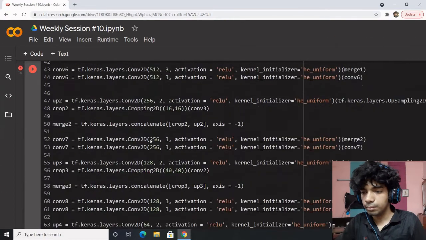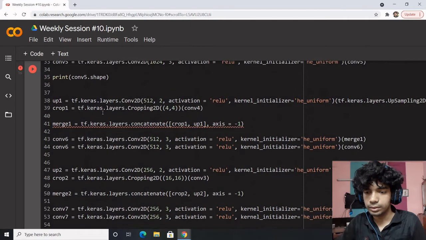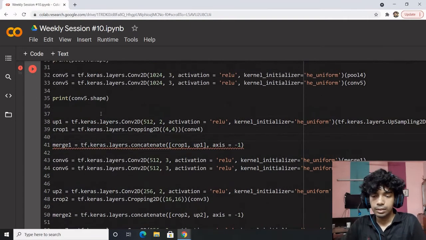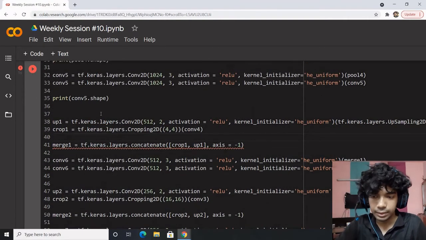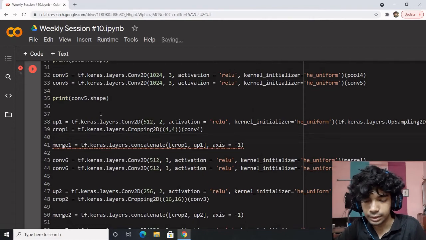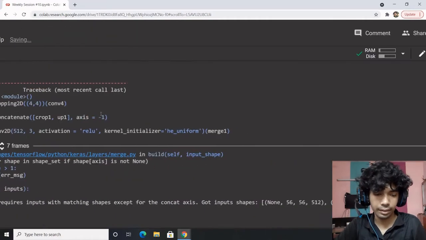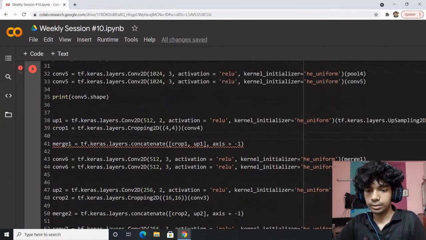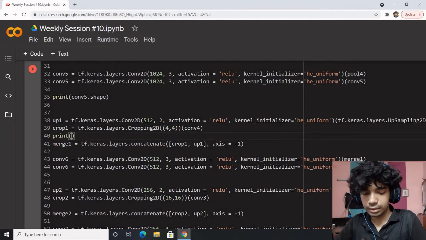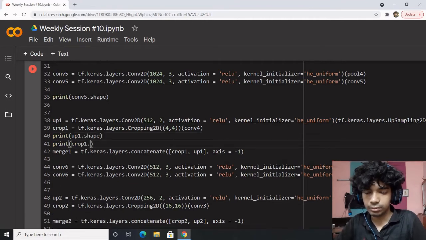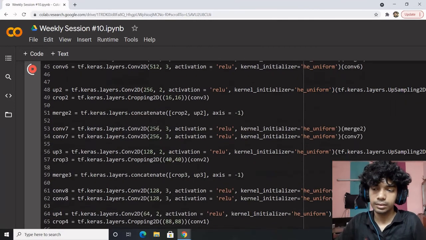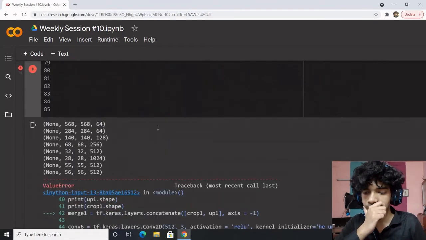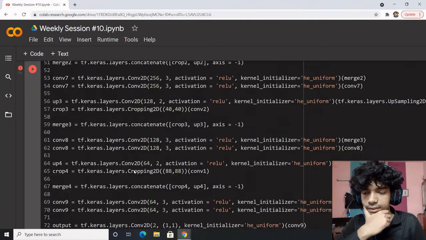So we have a problem at merge 1. What is merge 1 talking about? Up 1 is something and convolution 1 is something else. Convolution 1 is providing, so let's see the shapes. Print up 1 dot shape, print crop 1 dot shape. Up 1 is 55, 55, and 56, 56 is crop.